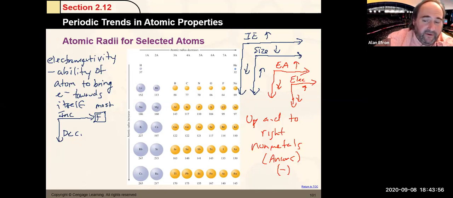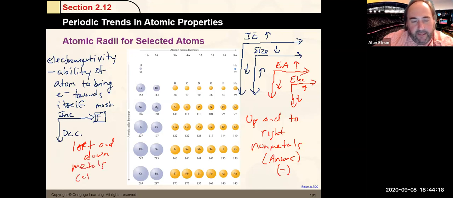And they also have very low electronegativity, which means they're not looking to attract electrons to themselves. They'd much rather give away electrons. And that's why, when we go left and down on the periodic table, we have our metals, and they are typically our guys that will make cations and become positively charged.